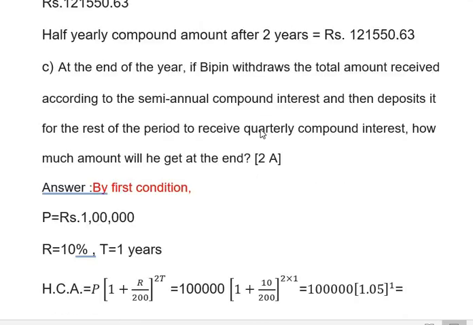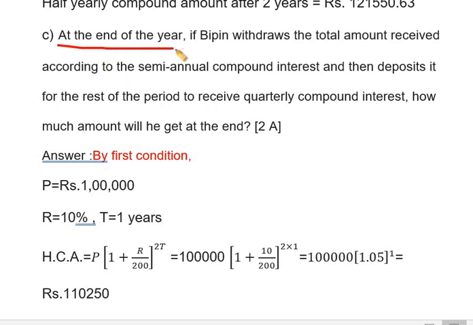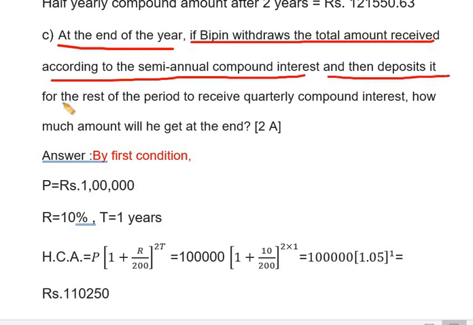Now third, C. The question asks: at the end of the year, if Bipin withdraws the total amount received according to semi-annual compound interest, and then deposits it for the rest of the period to receive quarterly compound interest, how much amount will he get at the end, meaning at the end of 2 years.